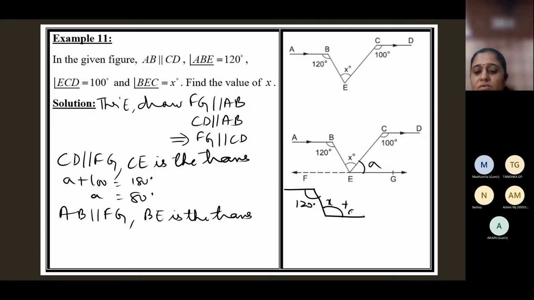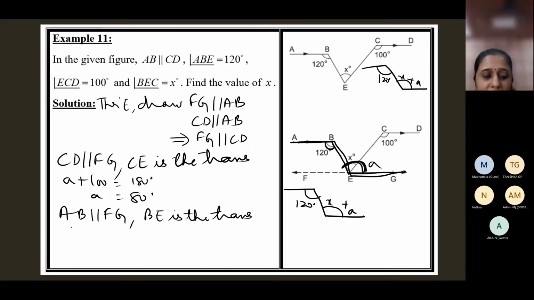So X plus A and 120 are equal. These are alternate interior angles. This is 120, but here there are two angles, X and A.